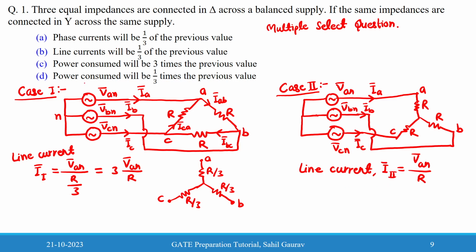So from the options, this option is correct. Option B is correct because line currents will be one third of the previous value. Now we can find the power consumed in the first and second case.